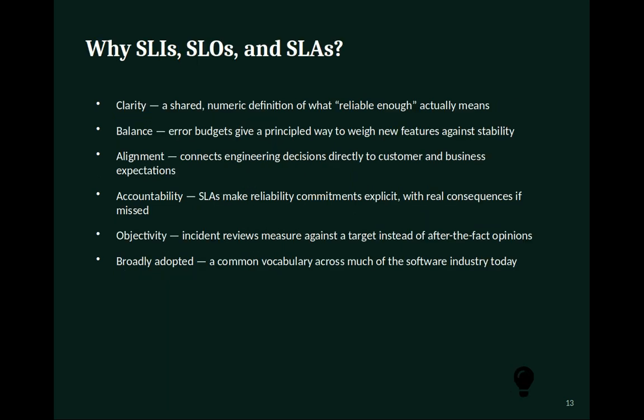Why SLIs, SLOs, and SLAs? Clarity: a shared numeric definition of what "reliable enough" actually means. Balance: error budgets give a principled way to weigh new features against stability. Alignment: connects engineering decisions directly to customers and business expectations.